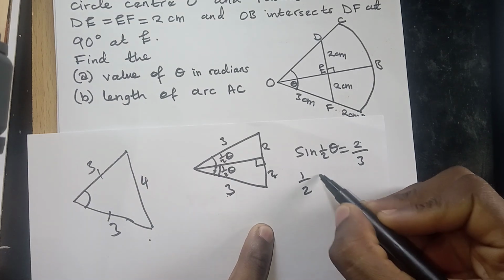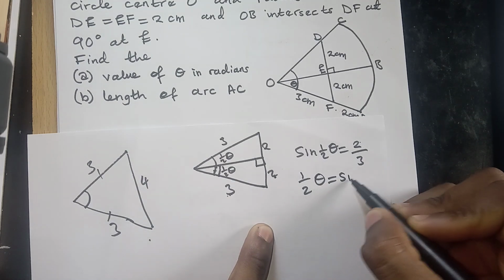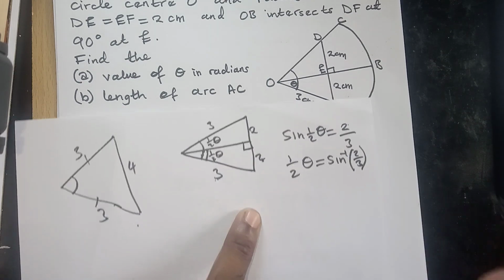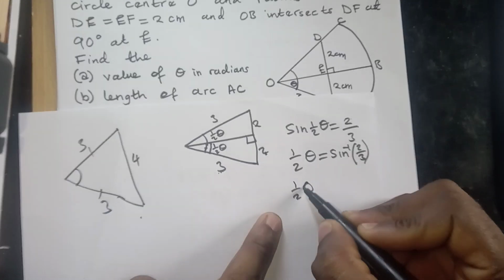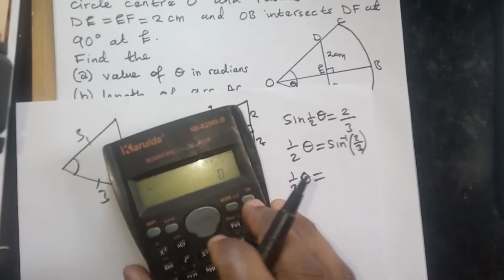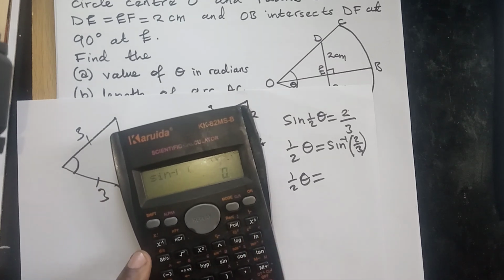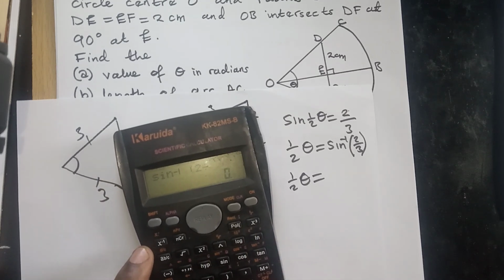Then this will be half theta is equal to sine inverse of 2 over 3. So you have half theta is equal to, so let's find sine inverse of 2 divided by 3.